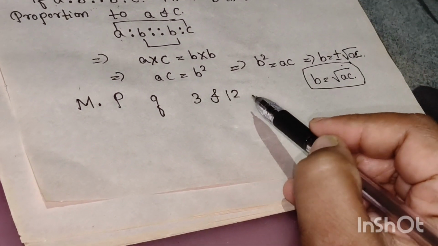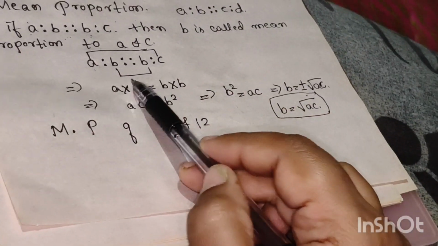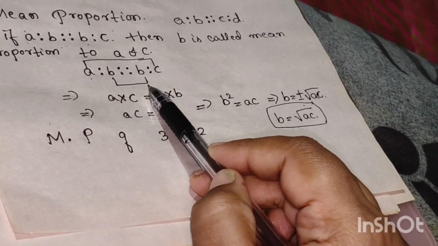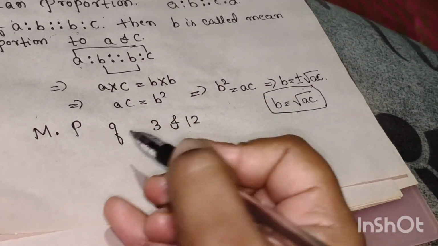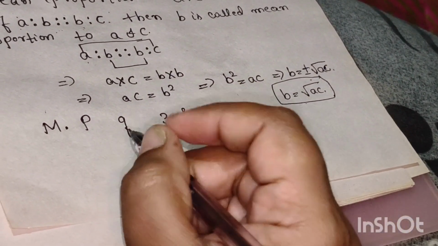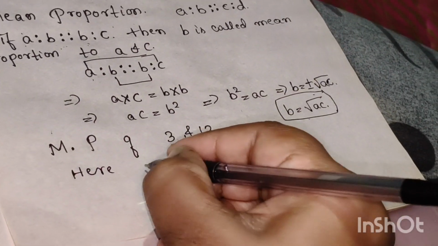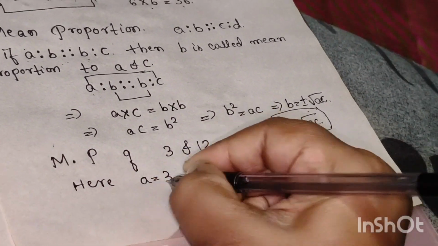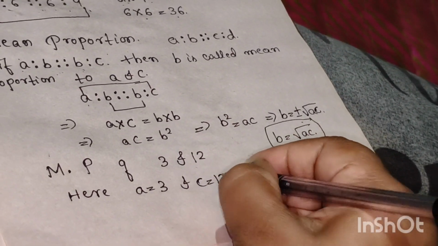To solve this problem, we use this formula and also this condition. Here A is equal to 3 and C is equal to 12.